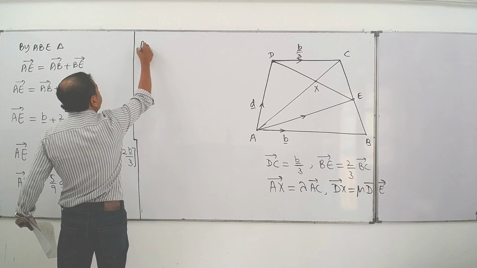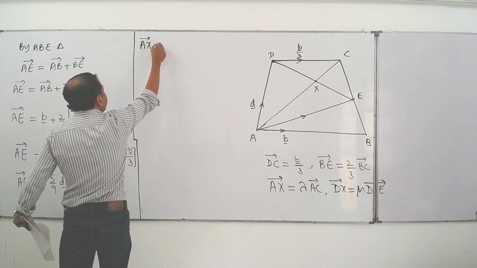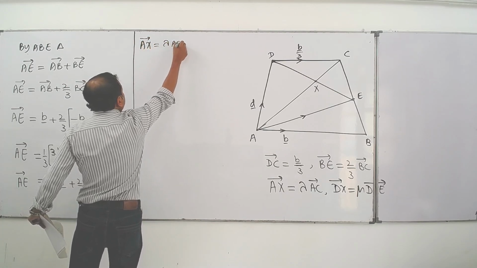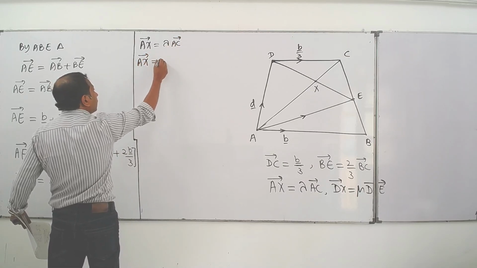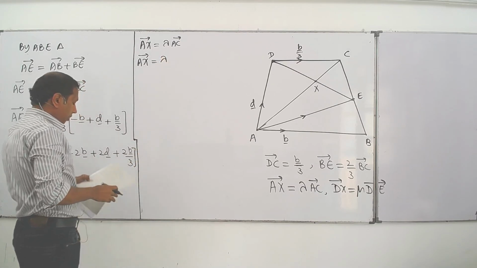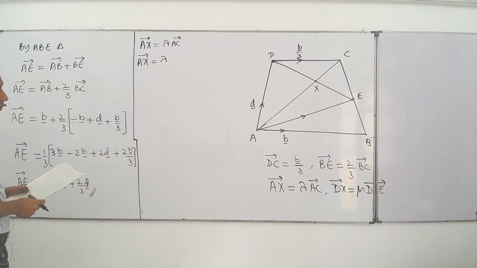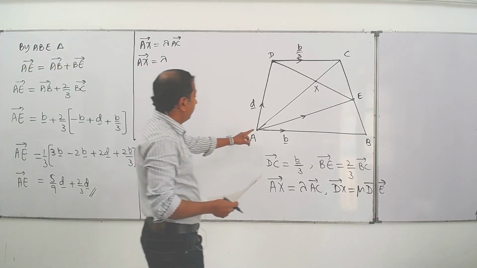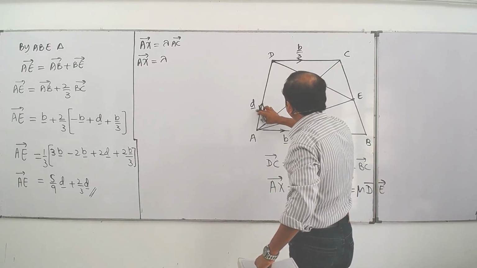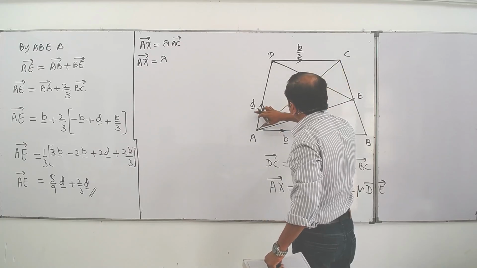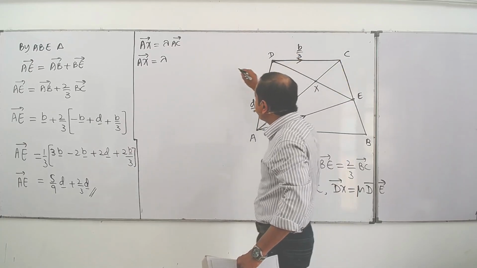AX vector is lambda times AC vector. AC vector we can write as AD plus DC, where DC is B by 3.